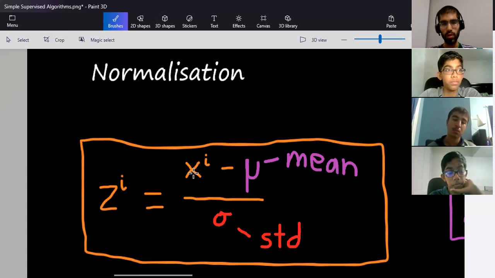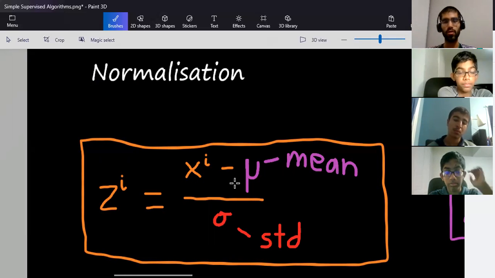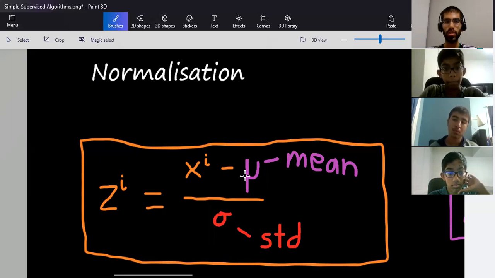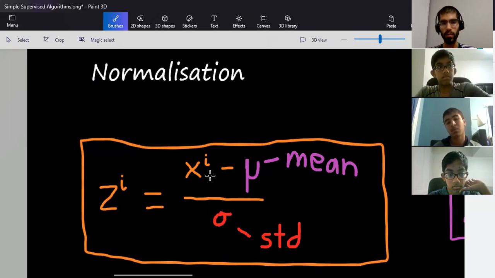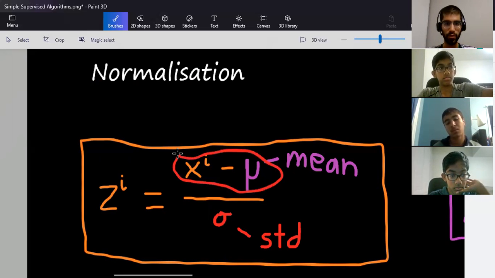What we're doing is we're finding the distance between this specific example, x_i, and the mean. So, the average example, what is the average square footage? What is the average size of the house in square meters? So we're finding that difference when we're subtracting the two.